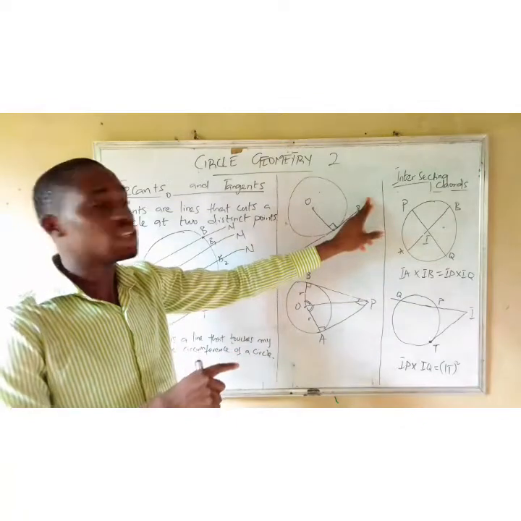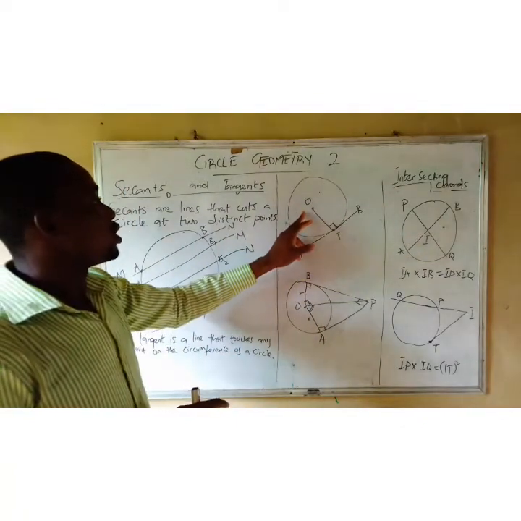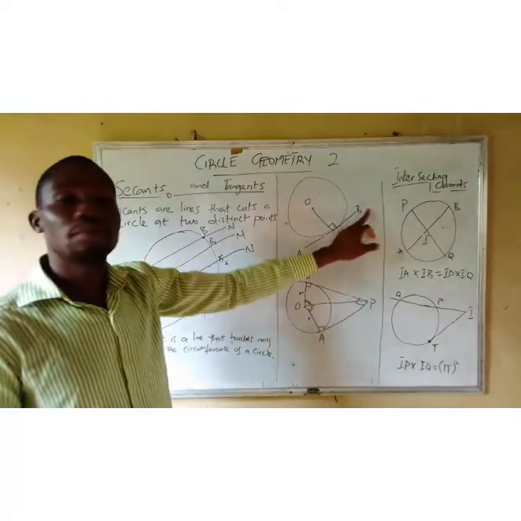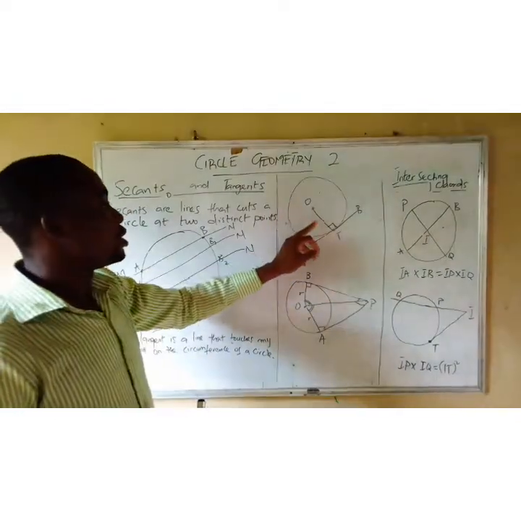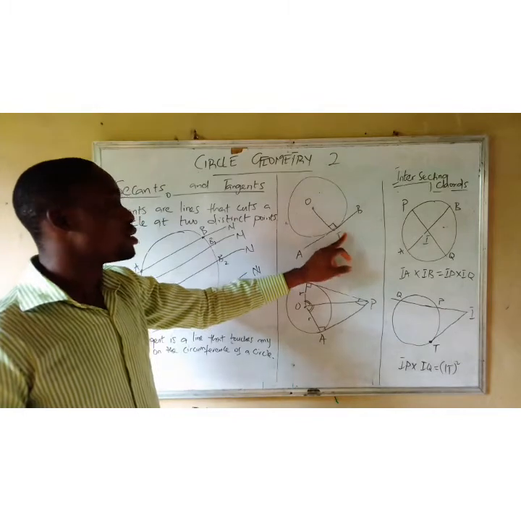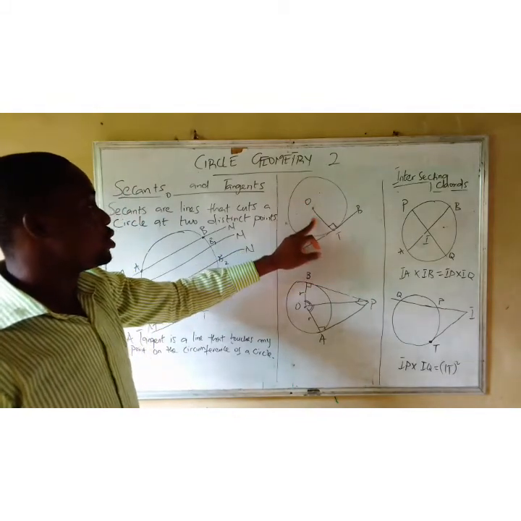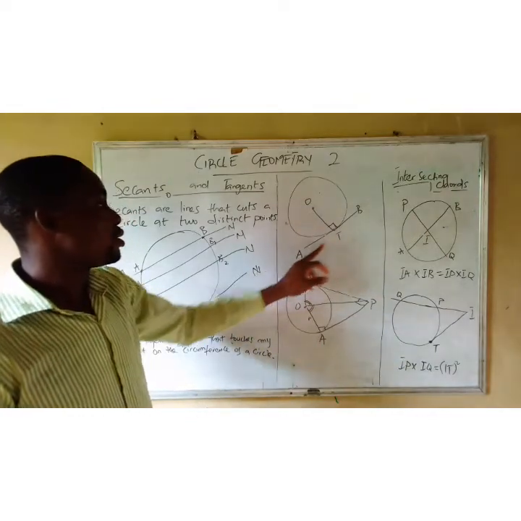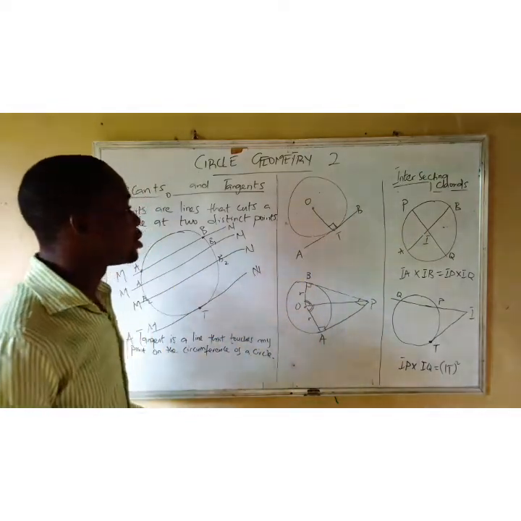For tangent AB, it is directed from the center to the point, so that means this angle is automatically 90 degrees. Why? Because you have a radius which intersects at T on tangent AB.